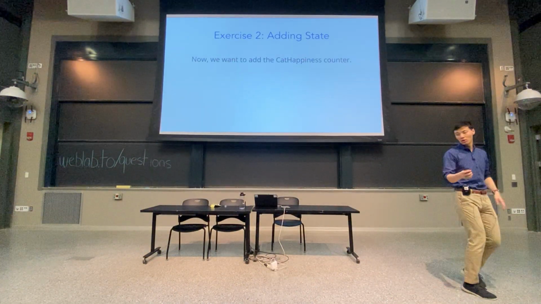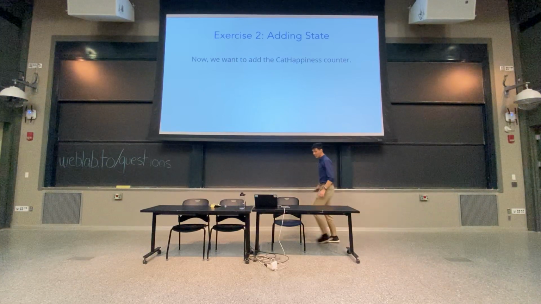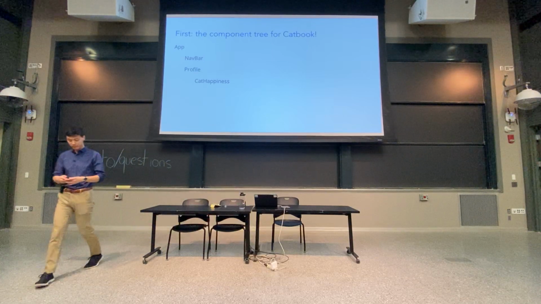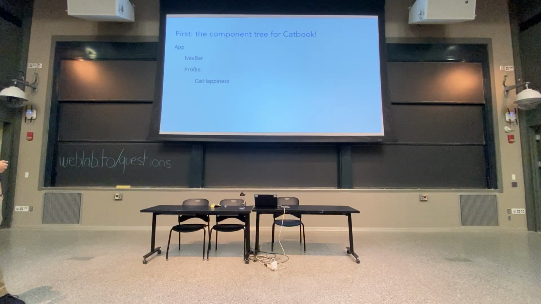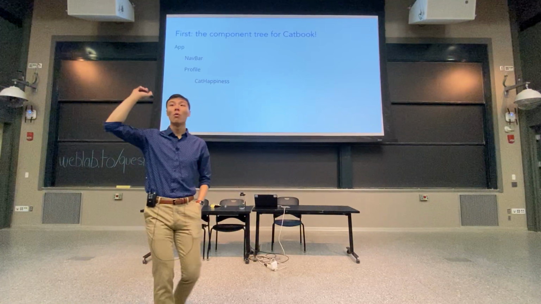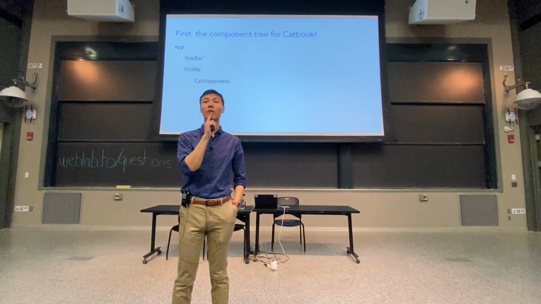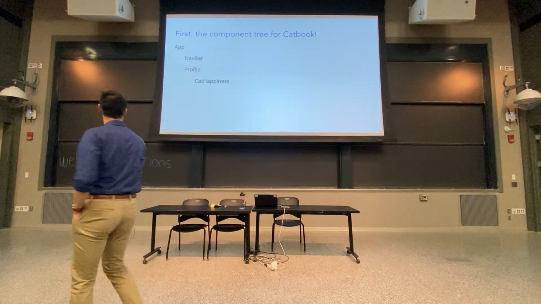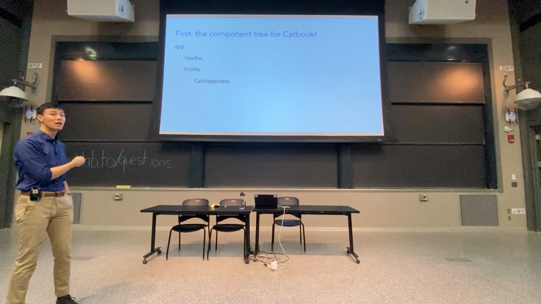So let's review our componentry. This is what we got: you have an app, navbar, profile, cat happiness. Now, question. Where does the state for cat happiness live? Because it might be a bit counterintuitive. It doesn't actually live in this thing.